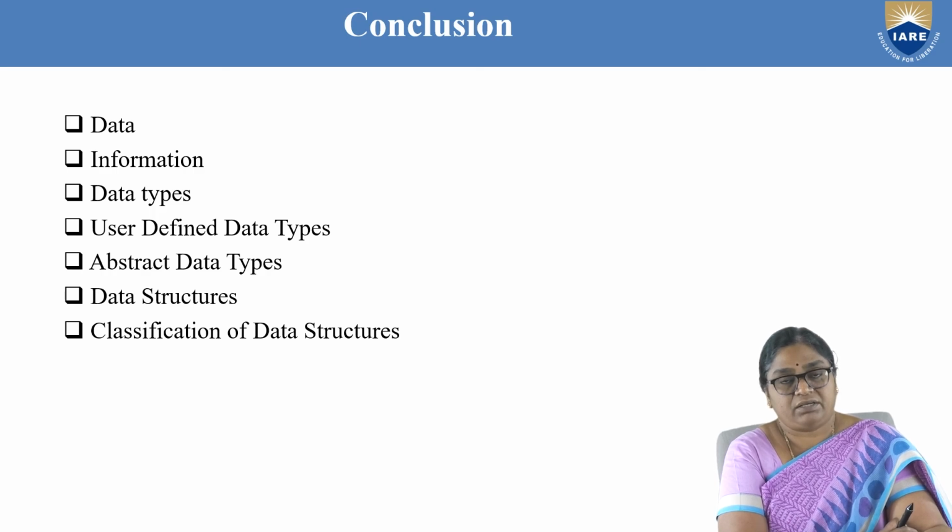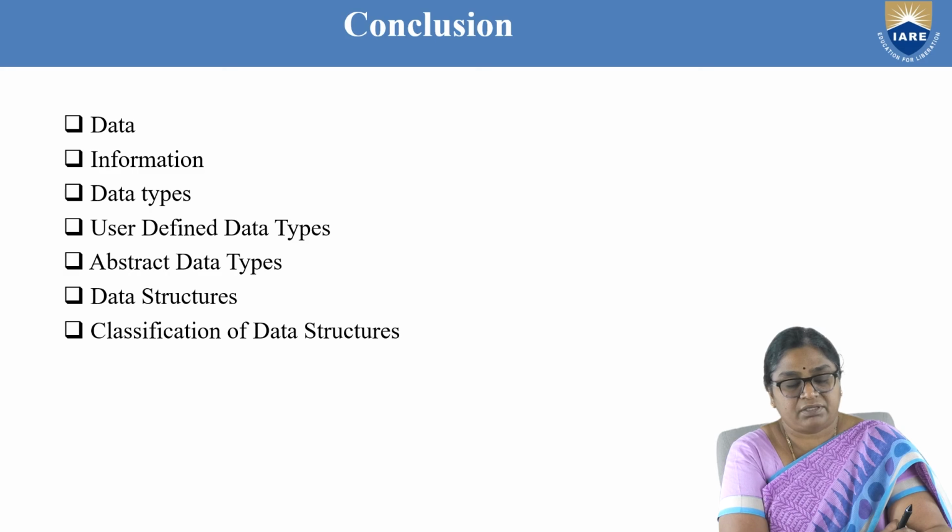User-defined data types. In user-defined data types, the domain values and the operations are not provided by the language. They are given by the user who creates them. By using user-defined data types, we can create new data types or data structures using the primitive data types.